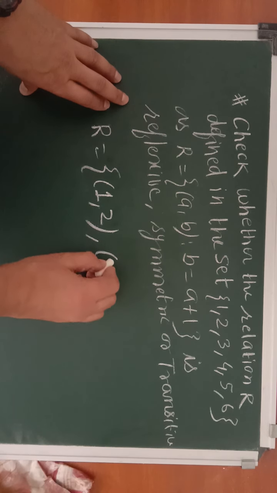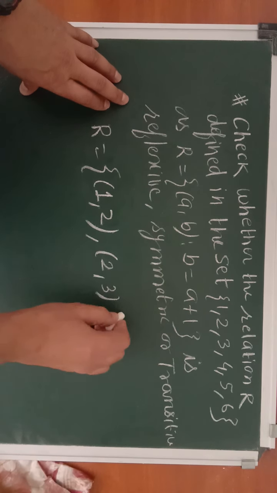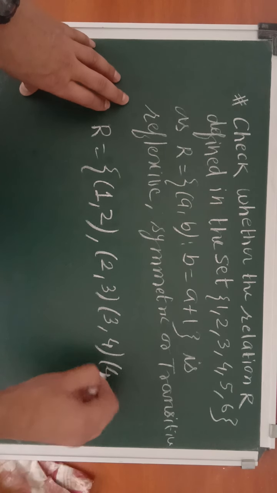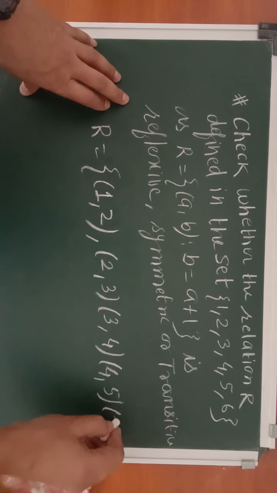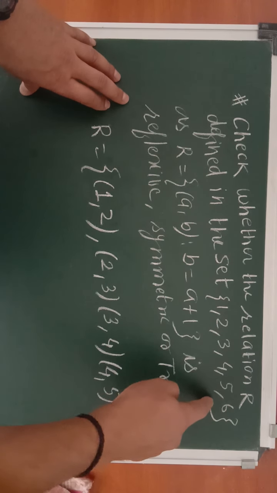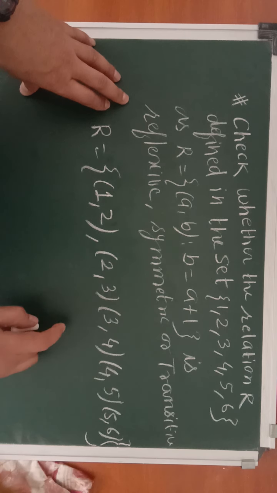If I take A as 2, B will be 3, A as 3, B will be 4, A as 4, B will be 5, A as 5, B will be 6. Okay, now I cannot go ahead because if I select 6, I should have 6 plus 1, 7.